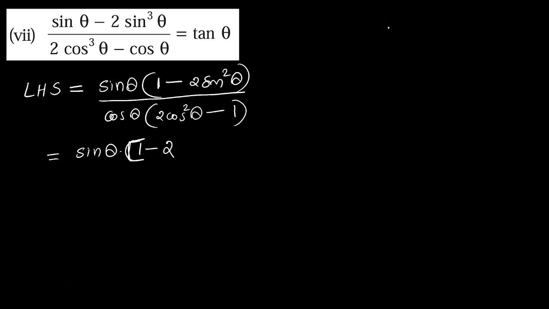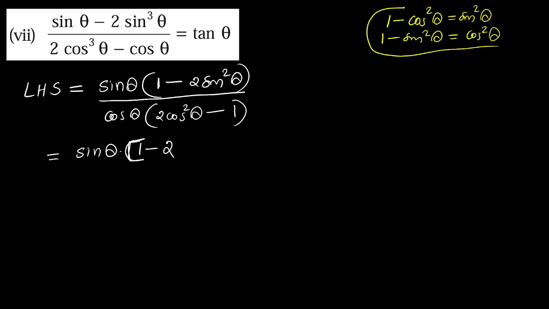In the previous class, we studied two identities: 1 minus cos square theta is sin square theta, and 1 minus sin square theta is cos square theta. Benedict, if you don't know, please write it somewhere.